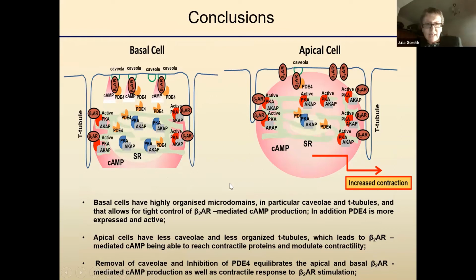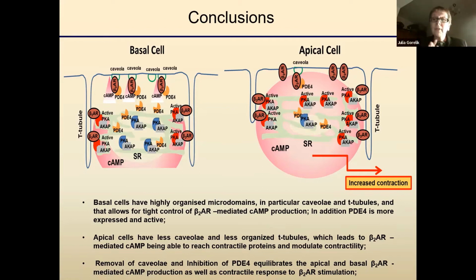And apical cells have fewer caveolae and less organized tubules, which led to the beta-2 mediated cyclic AMP being able to reach contractile proteins and modulate contractility. Removal of caveolae and inhibition of PDE4 equilibrates the apical and basal beta-2 mediated cyclic AMP production, as well as the contraction response to beta-2 stimulation.